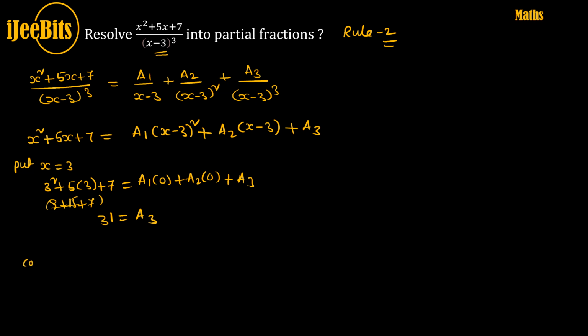Let's compare coefficients from both LHS and RHS. Let's say for instance x squared. In the x square case, the coefficient of x square is 1. This is 1. Here a1, because there is only one x square you will see. So a1 now becomes 1.